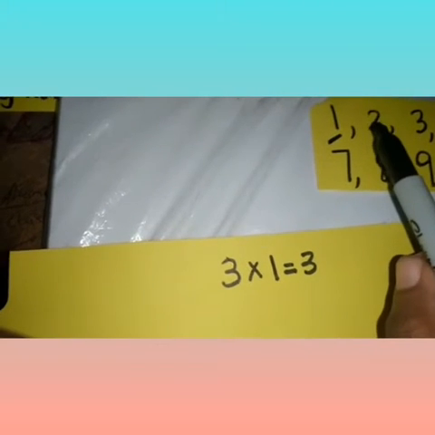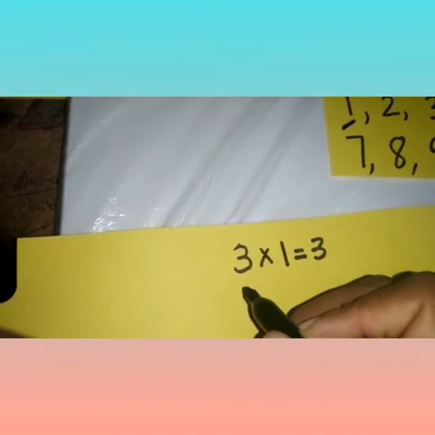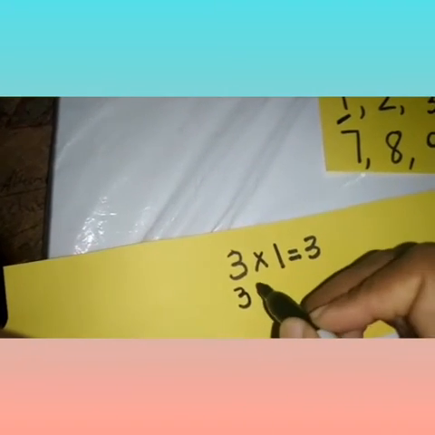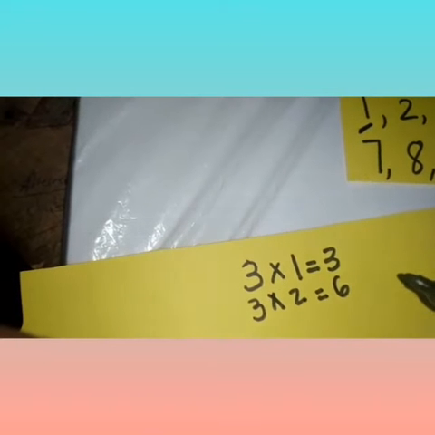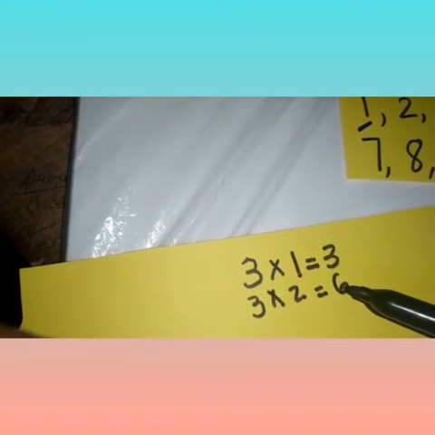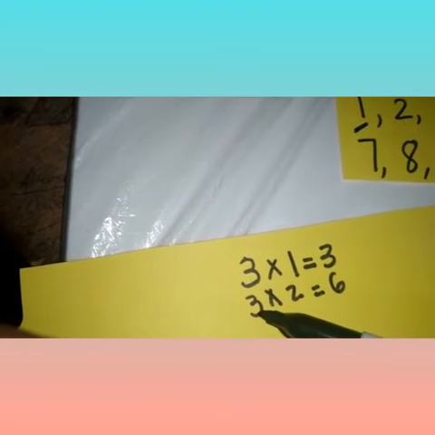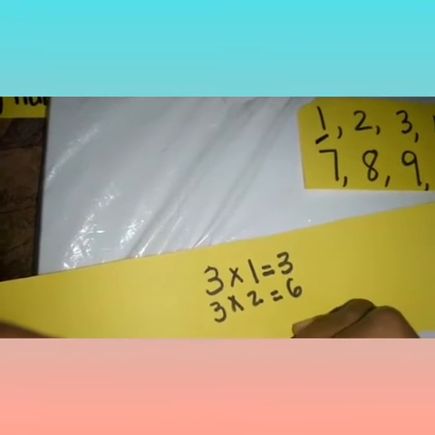Now to get the second multiple, we're going to multiply by 2. So let us do that. 3 times 2 equals 6. So 6 will be the second multiple of 3. Now to get our third multiple, we're going to be multiplying by 3.